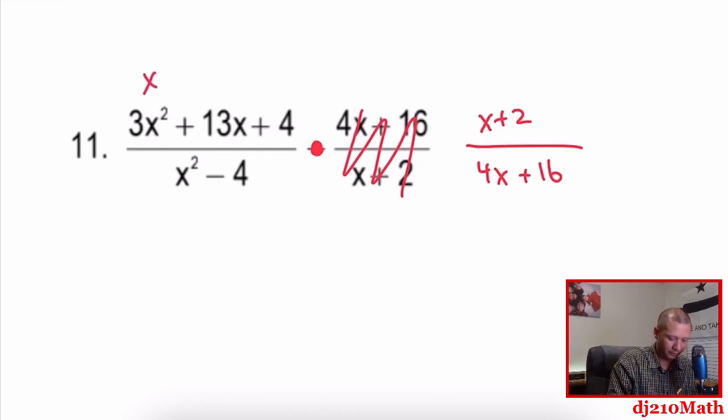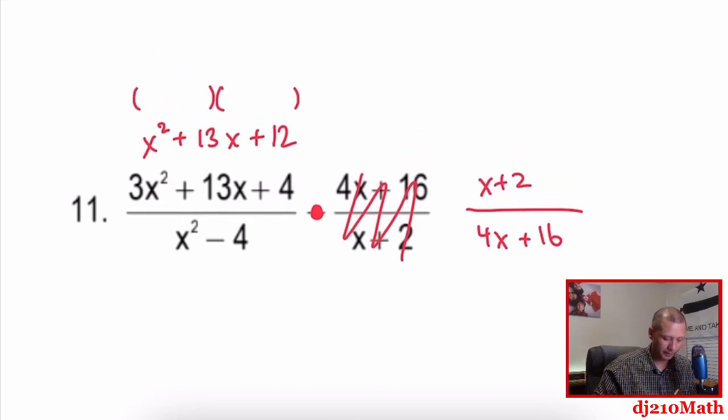So if we rewrite this for a second, 3 times 4 is 12. So what two numbers multiply to make 12 that add up to 13? 12 and 1.